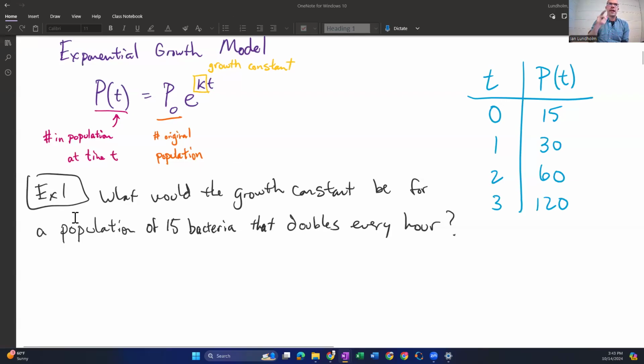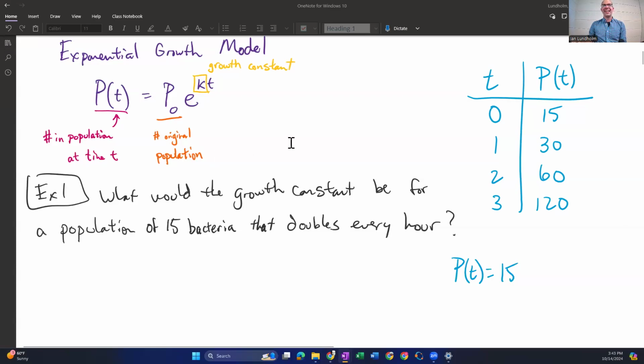If we wanted to write this as an exponential equation, maybe we would go P of t. And the most natural way to express this would probably be 15 for the amount in our initial population. You can see that that's underlined in orange here.